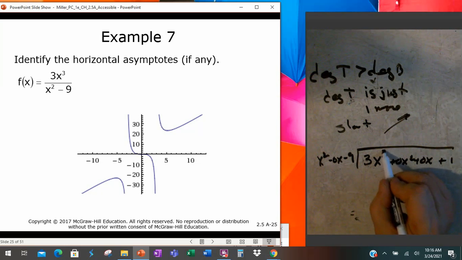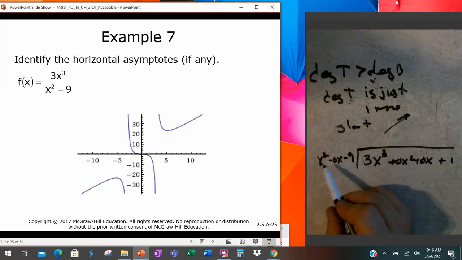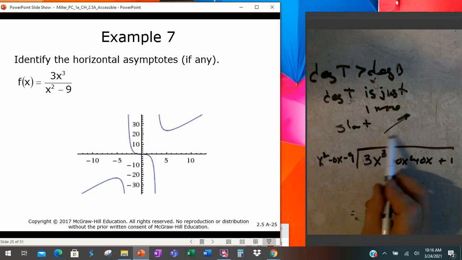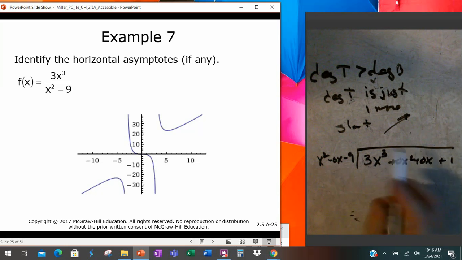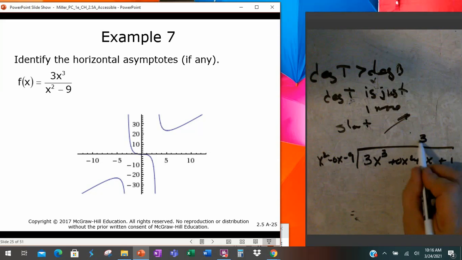Okay, so in the long division we learned, we start off focusing on the leading term. What can I multiply x squared by to get 3x cubed? I'm missing a power of x and a 3, so I need a 3x. I'm writing it right above this placeholder for the 0x.